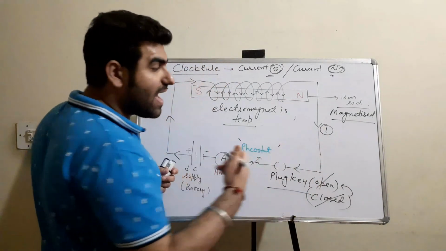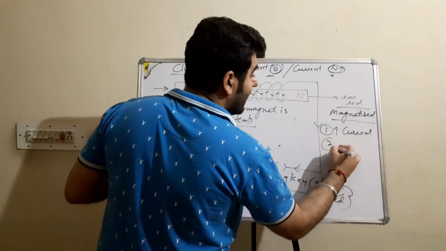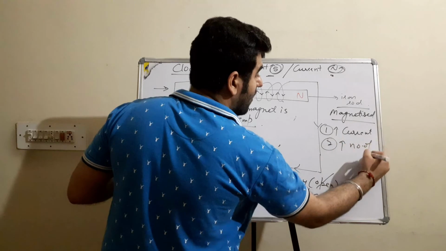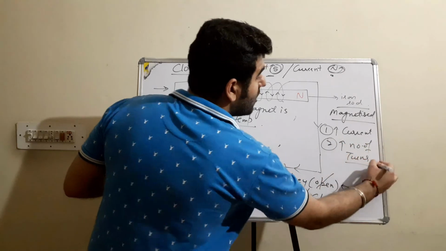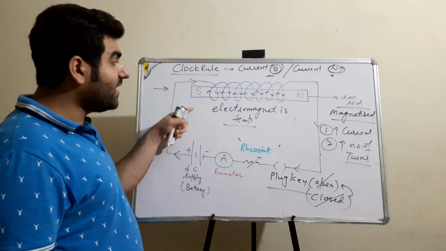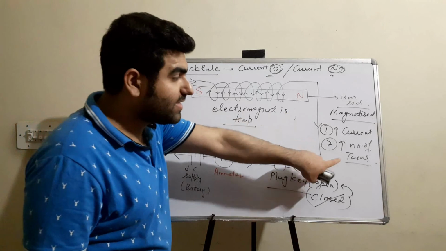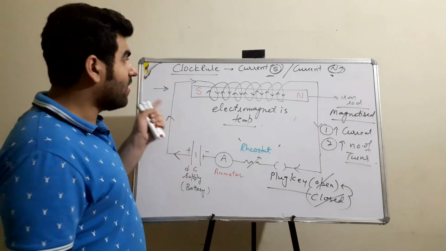So these are the two things by which we can increase the magnetism of this magnet. First is by increasing the amount of current, and second is by increasing the number of turns.